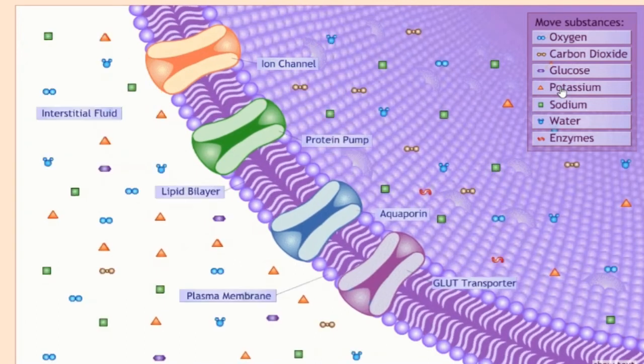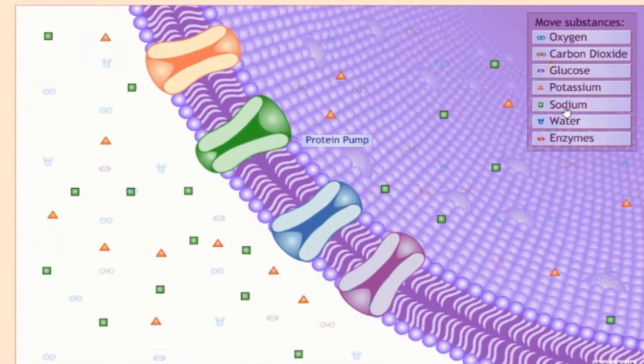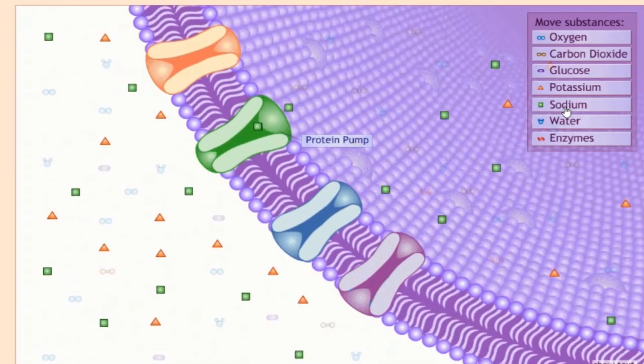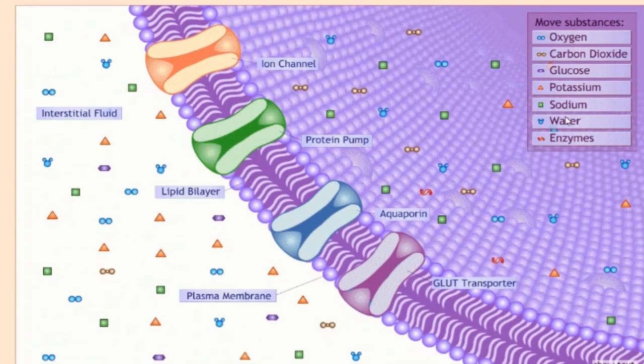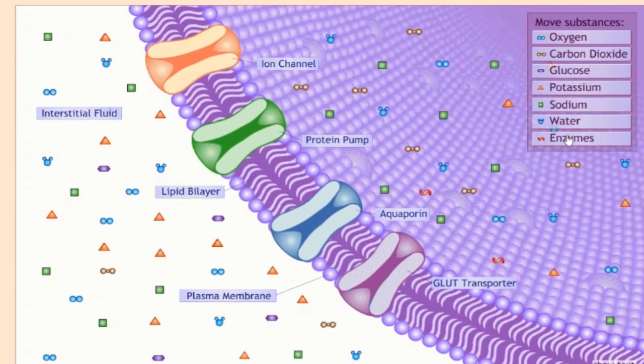Then aside from potassium, like I said, you have your sodium in our protein pump. Our cells would pump out 3 sodium ions, then nay mosulod nga duha ka buok potassium ions. Because we need to have less sodium ions in our cell. Then the water, we have your aquaporine.